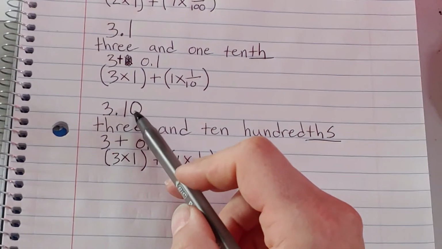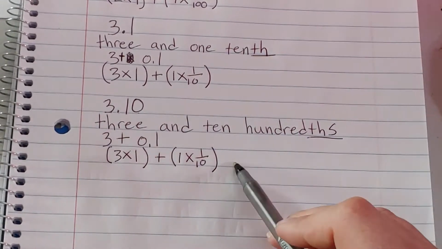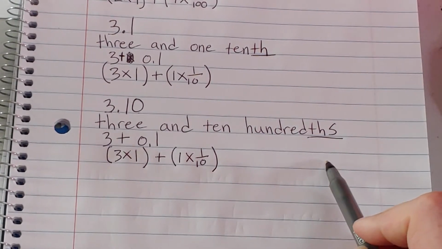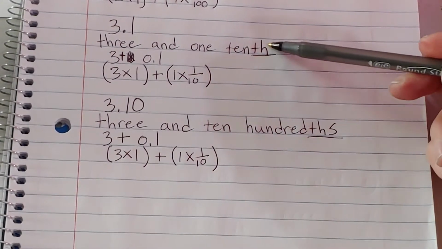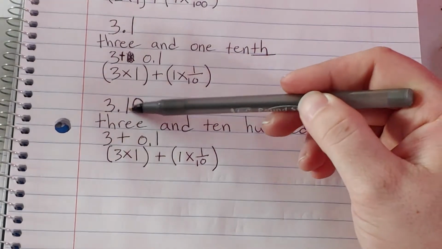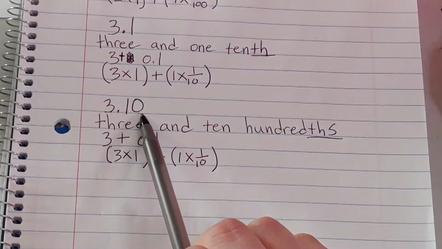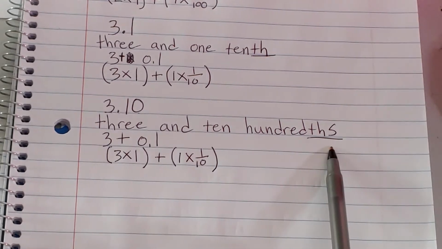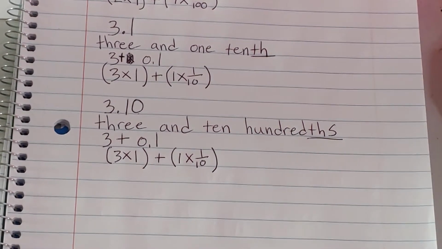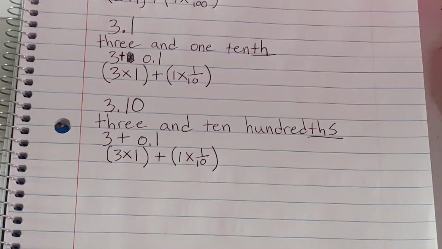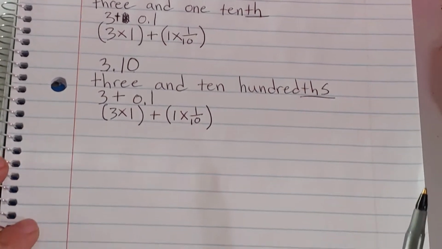Since this number is technically a 0, we don't need to add it into our expanded form. The only thing that has really changed, because I put a 0 at the end, now I have to say hundredths at the end. But the amount, the value is still the same. Little tricky on that one, isn't it?